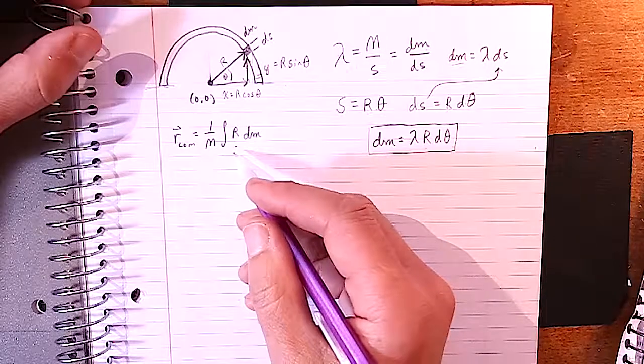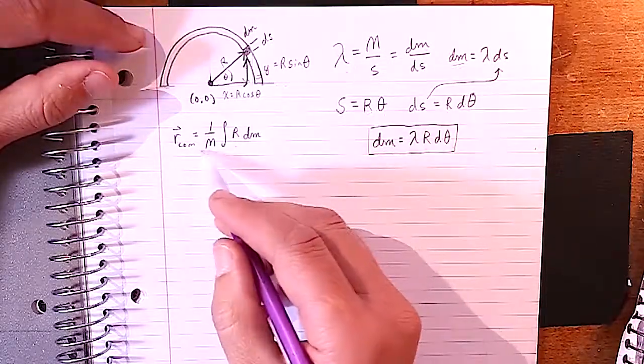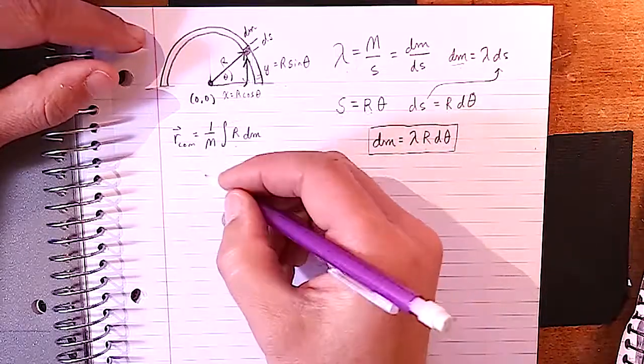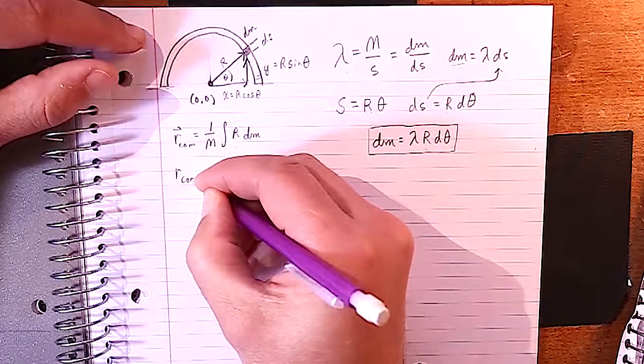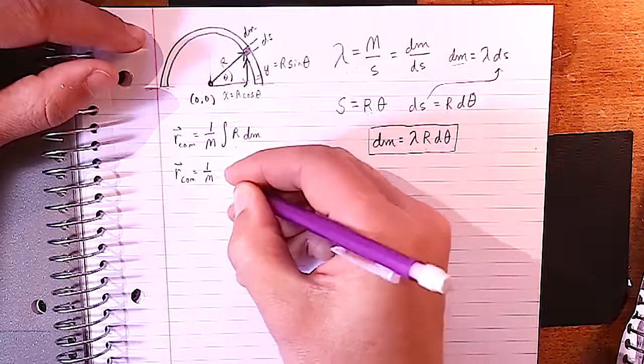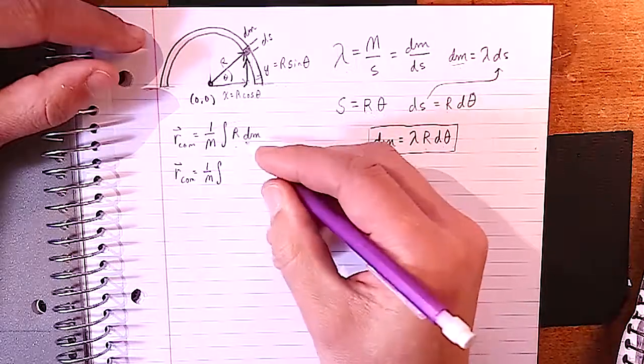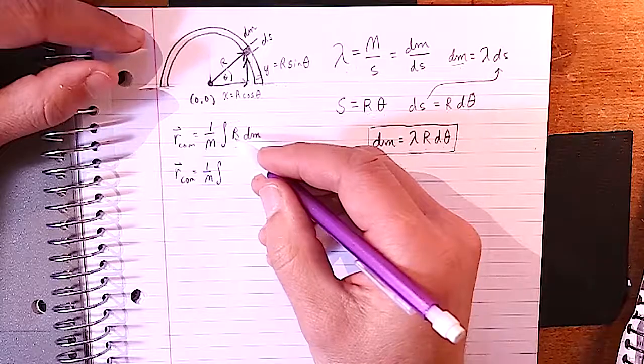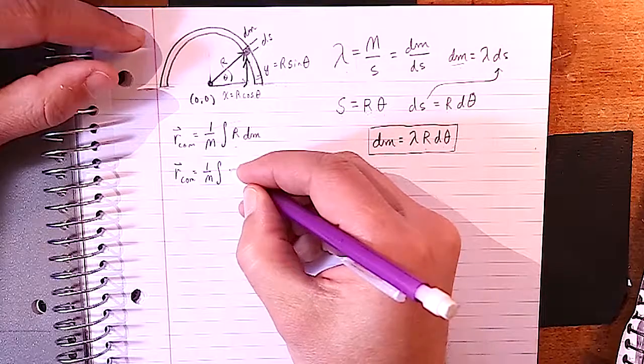Okay, so let's start our integration. We have our formula that we know, and we're going to say r com is equal to 1 over M, the integral of the position, the vector position. Well, what is that vector position?